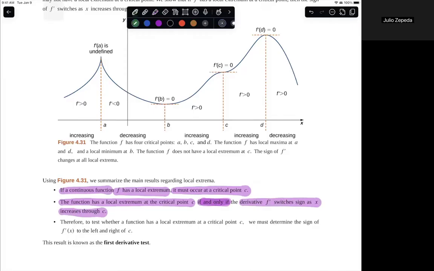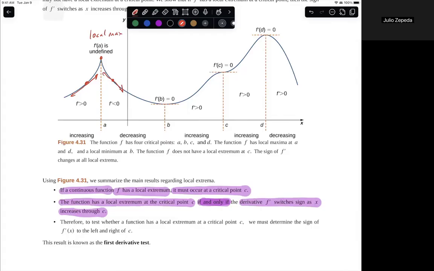What this is talking about is, notice here we have a local maximum. We can see that the derivative is positive before the local maximum, implying that the function is increasing, and the derivative is negative after the local maximum, implying that the function is decreasing.